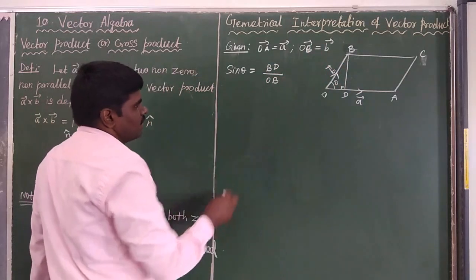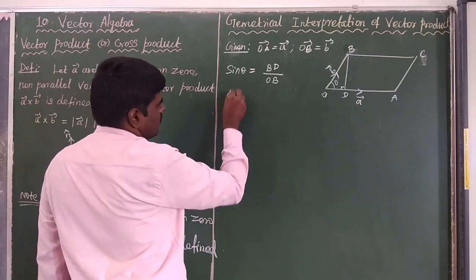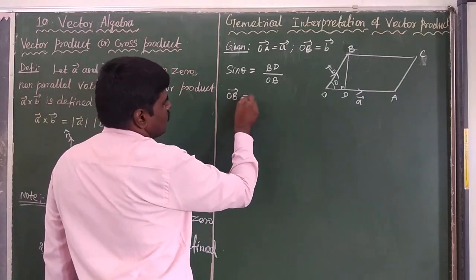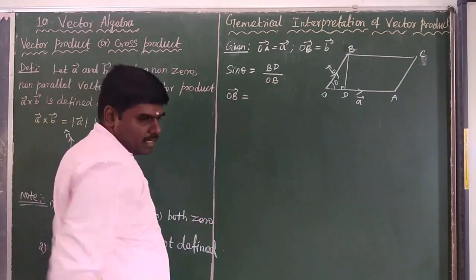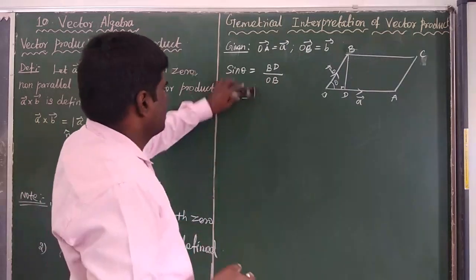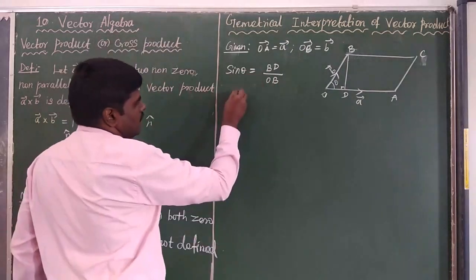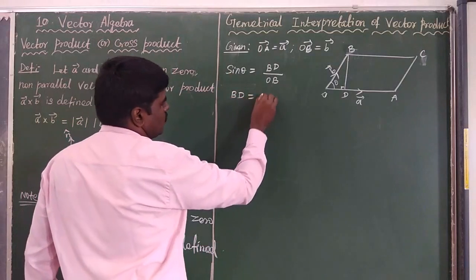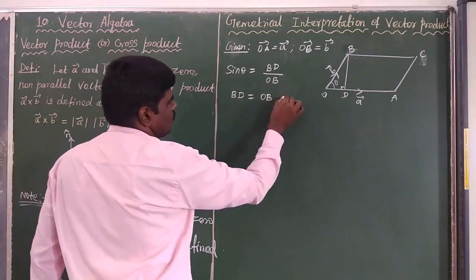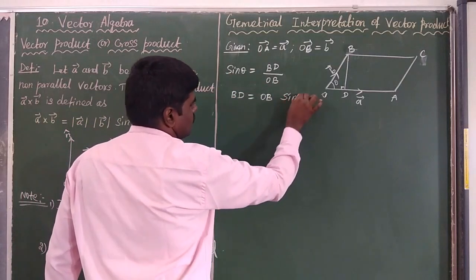So I find out OB, and I just multiply. I need BD. So BD is equal to OB into sin theta.